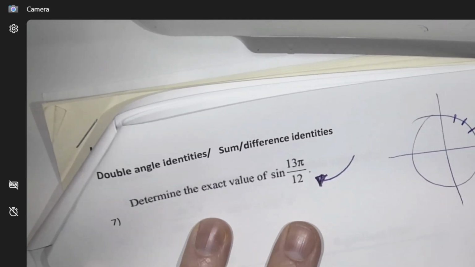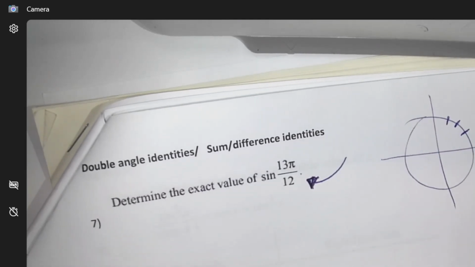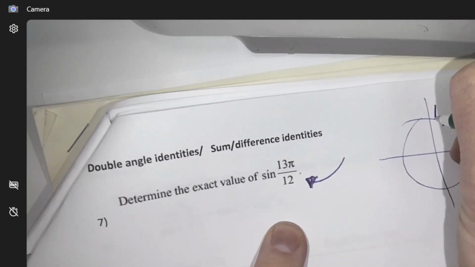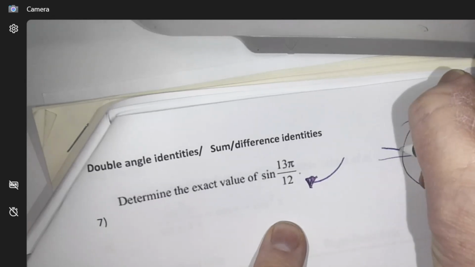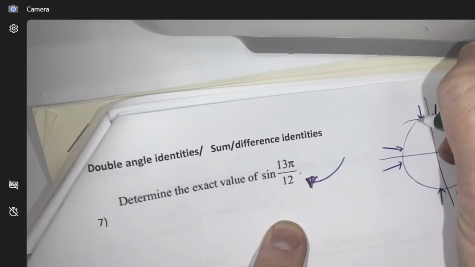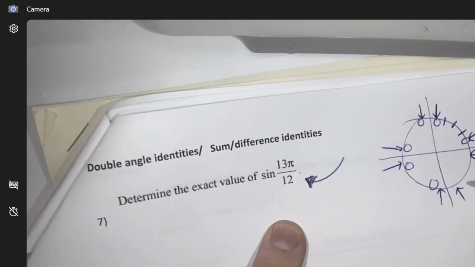So we have those values on our unit circle, so where would the 12 values be located? Either there, right? Or there, or there. These are the 12ers.